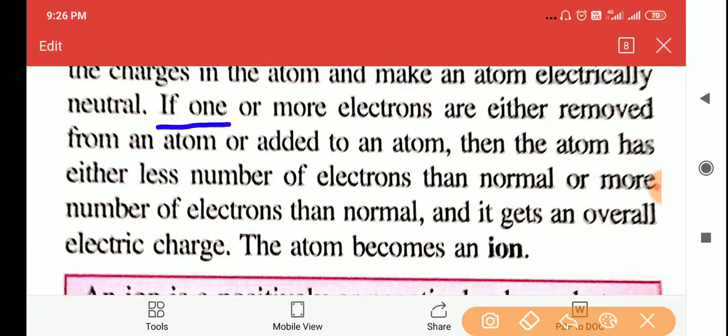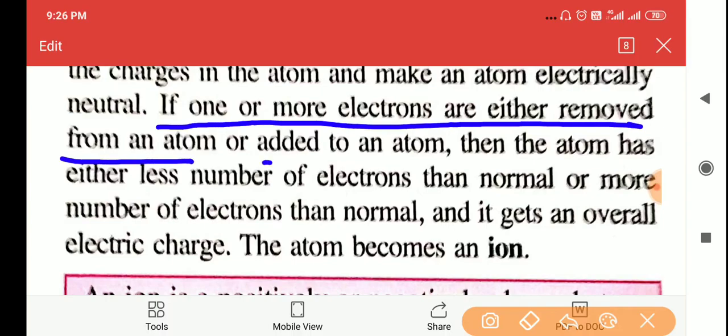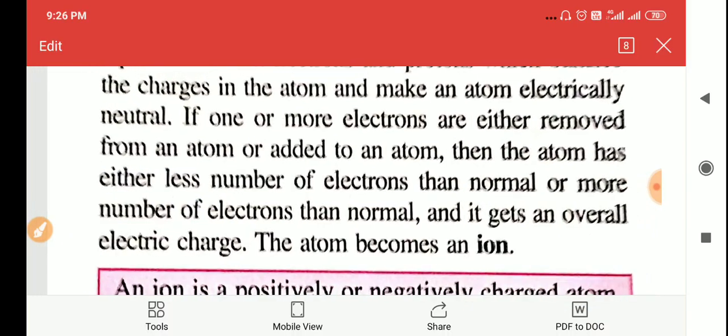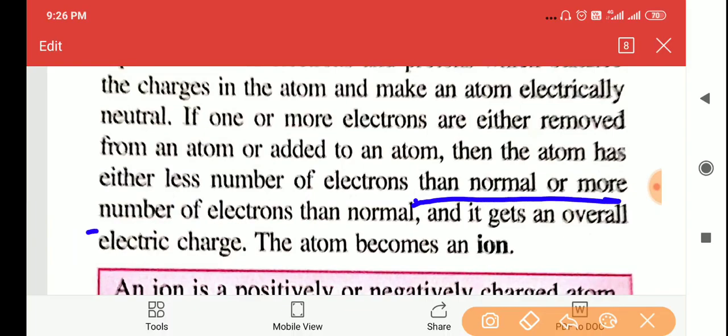If one or more electrons are removed from an atom or added to an atom, then the atom has either fewer electrons than normal or more electrons than normal, and it gets an overall electric charge.